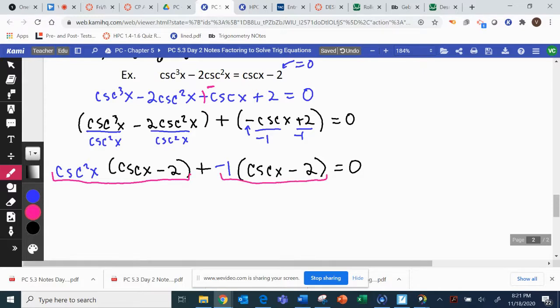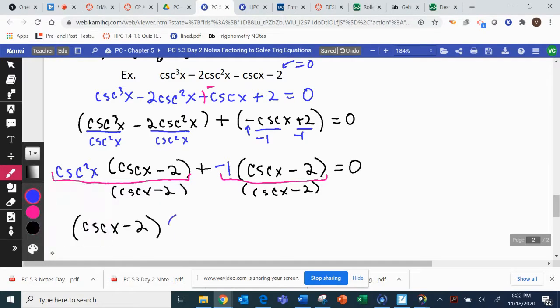This is a big binomial. I am looking for a greatest common factor, something that is the same in both binomials, and that is cosecant x minus 2. So I'm going to factor that out, and I'm going to have my first factor as cosecant x minus 2.